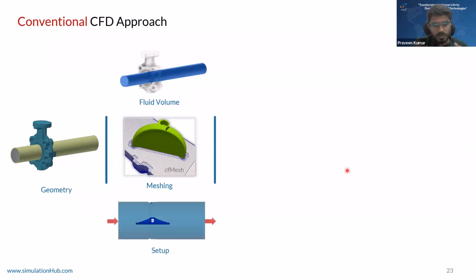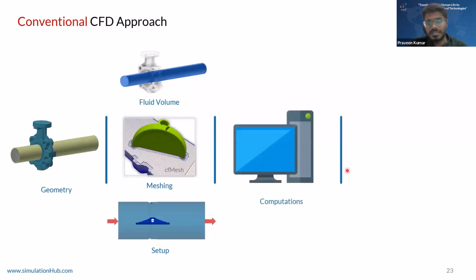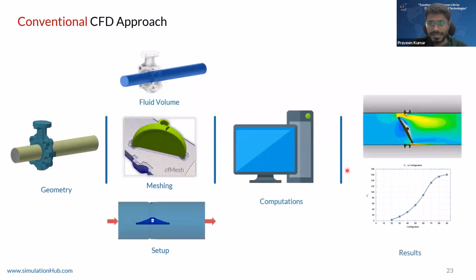And we do some solver setup, select the appropriate turbulence model for the physics which we are solving, and appropriate numerical schemes. And then the simulation is performed on a high performance computing setup. So it takes an HPC, a high performance machine, to perform these CFD simulations. And then you get the results in 3D, the colorful results, where you get more insights.